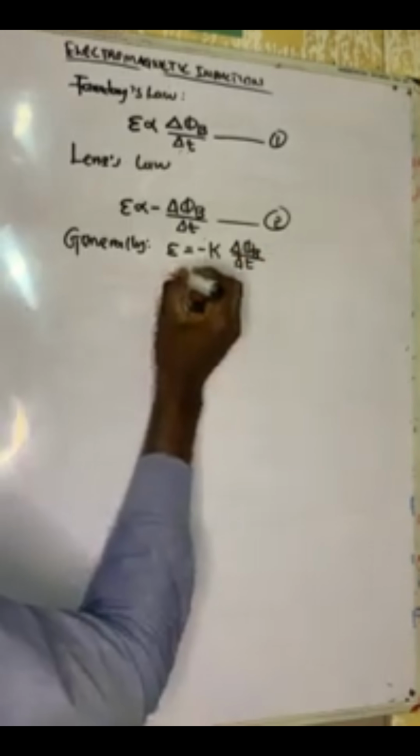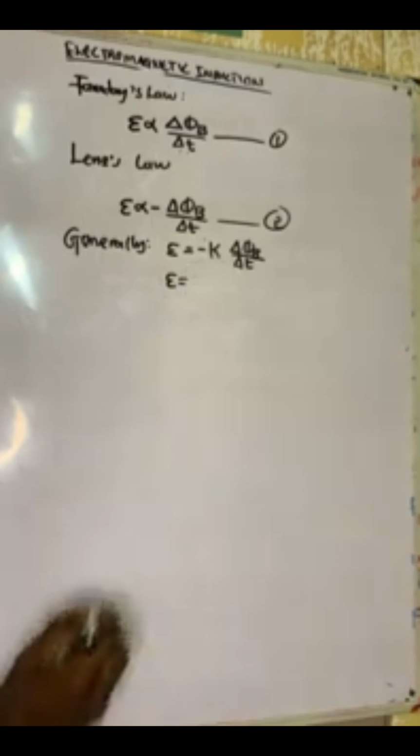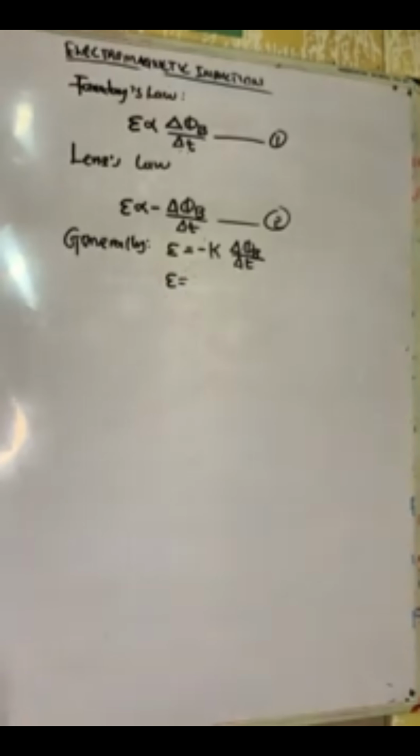But during electromagnetic induction, we have to factor in the number of turns on the coil. Should we have a greater number of turns in a coil, it would give us an increased induced EMF. Should we reduce the number of turns on a coil wire, we would have a reduced induced EMF.